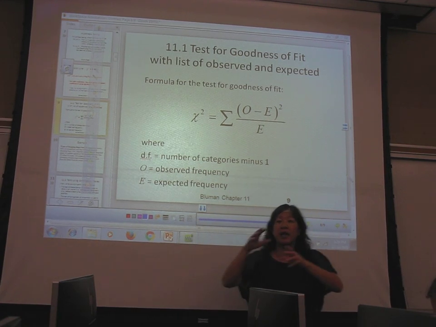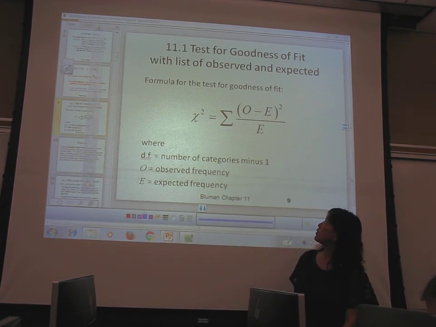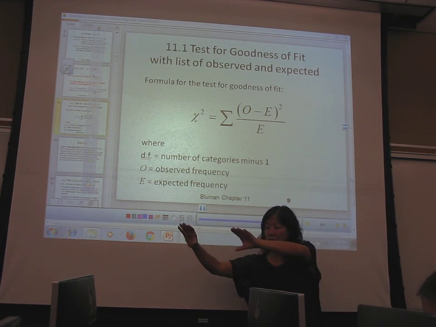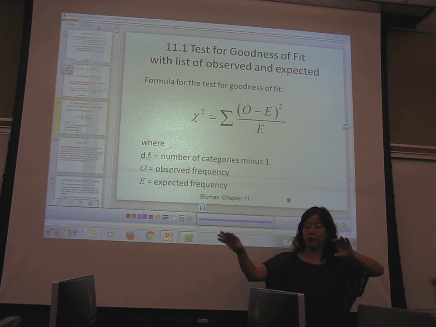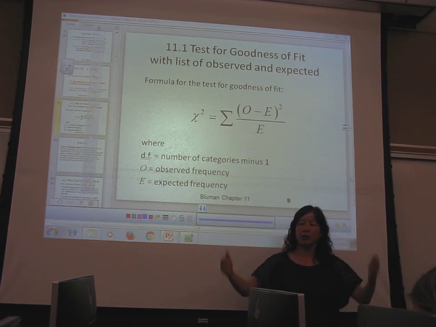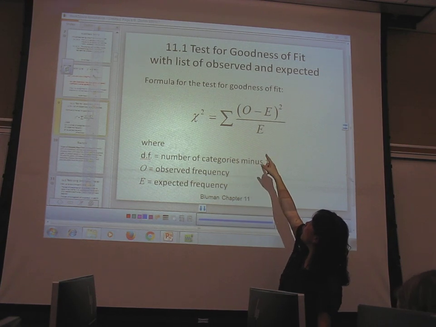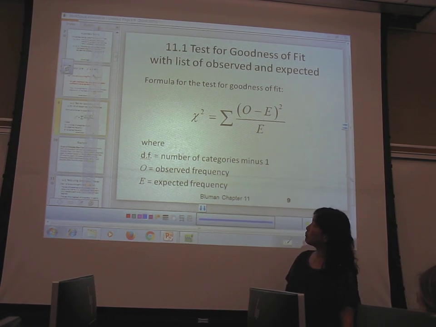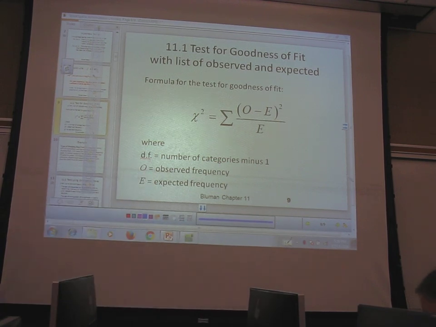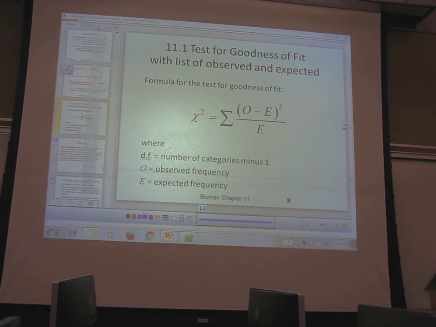And how many do you expect to have in each category? Remember, our chi-squared is the sum of O minus E squared divided by E, where our degrees of freedom is the number of categories minus 1.